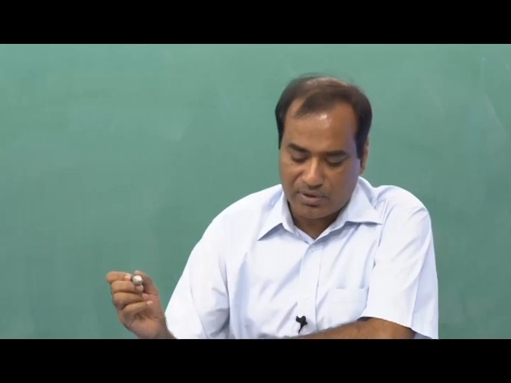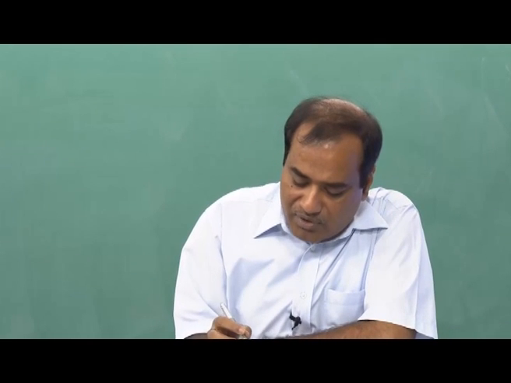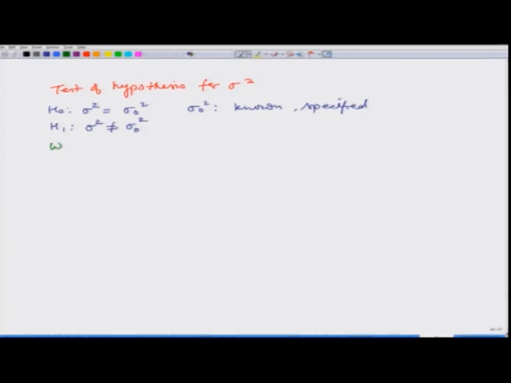So, in order to construct the test statistic in such a situation, we are going to use the result where we know that n minus 2 SS res upon sigma square follows a chi-square distribution with n minus 2 degrees of freedom.